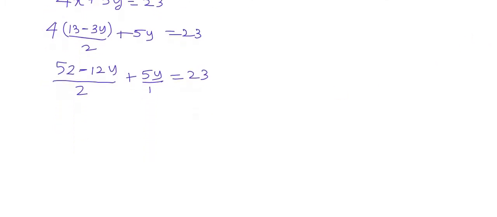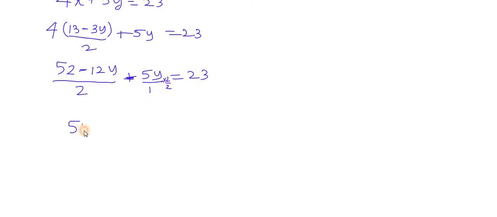Now simplify it further, cross multiply, or you can take the LCM to simplify. If you take the LCM, the LCM of 2 and 1 is 2, so multiply by 2 on both sides.